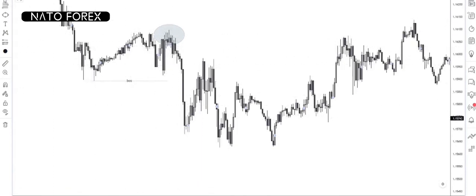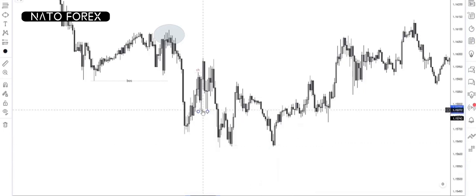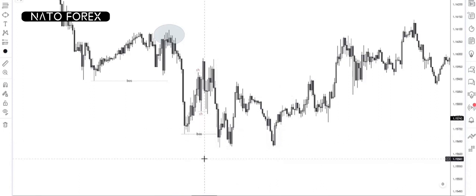We then get what I was talking about earlier, the change in character. So high taken, now this low gets taken. So this low doesn't hold. This demand doesn't hold. So we get a change in character now. This now becomes weak. This is our weak low. So we can expect now this low to be getting run. Which it does. There we go.